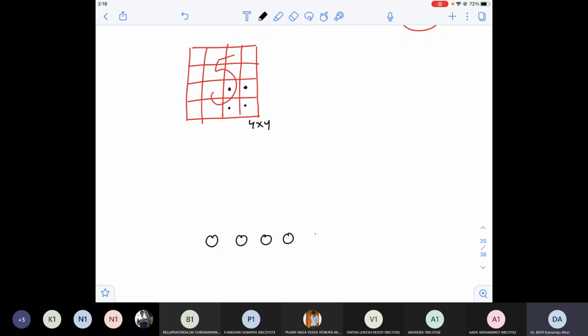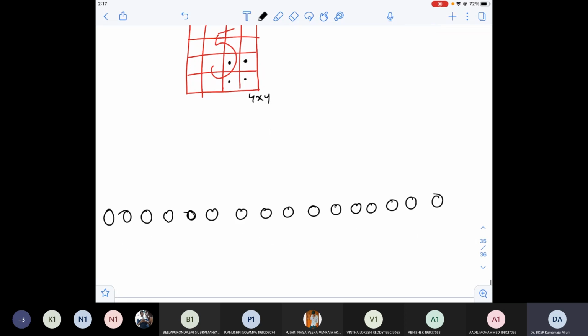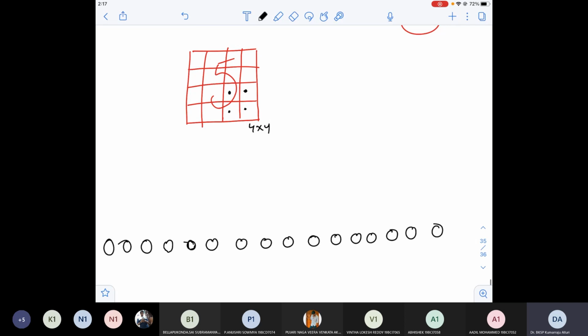I'm not drawing everything, otherwise it would take much time. 1, 2, 3, 4, 5, 6, 7, 8, 9, 10, 11, 12, 13, 14, 15, 16. 16 input neurons.